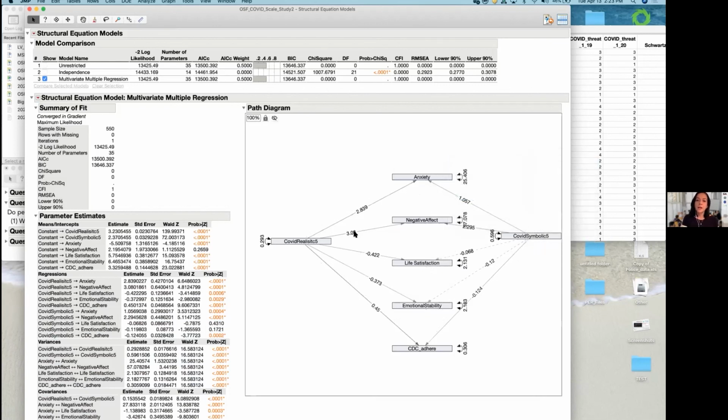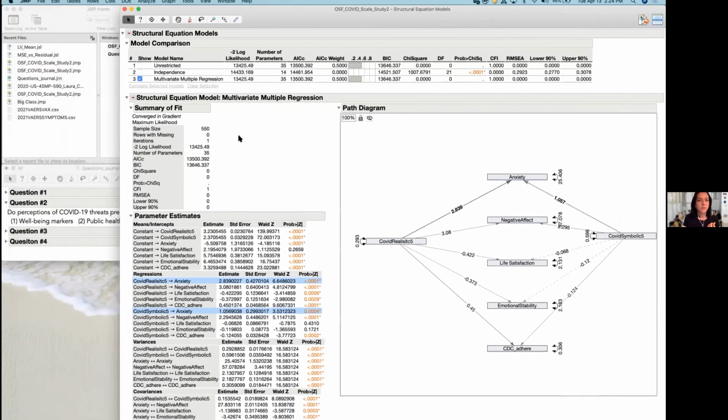Notice, for example, that both realistic and symbolic threats are predictors of anxiety, and they have a positive coefficient. Over here on the left, we see that these are statistically significant. The point here is that those who are more likely to experience both realistic and symbolic threats are also more likely to report higher levels of anxiety. So that's intuitive, right?